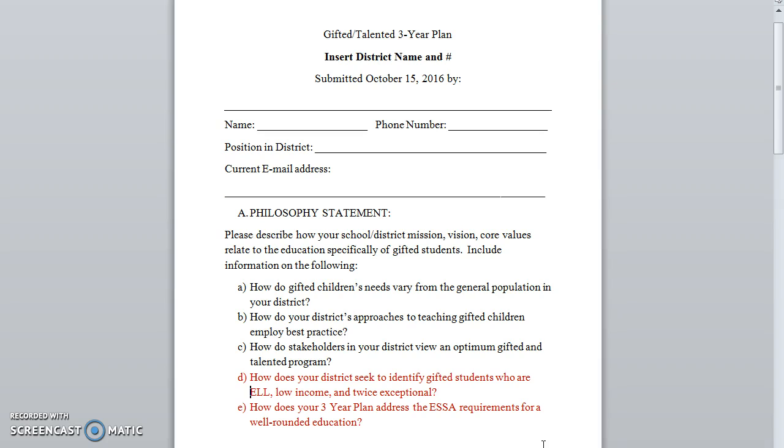I've added these because they really do relate to the Every Student Succeeds Act, ESSA. For example, D: are you looking at gifted students who would not normally be identified, such as those who do not have English as a first language, some that are low income, and twice exceptional students?